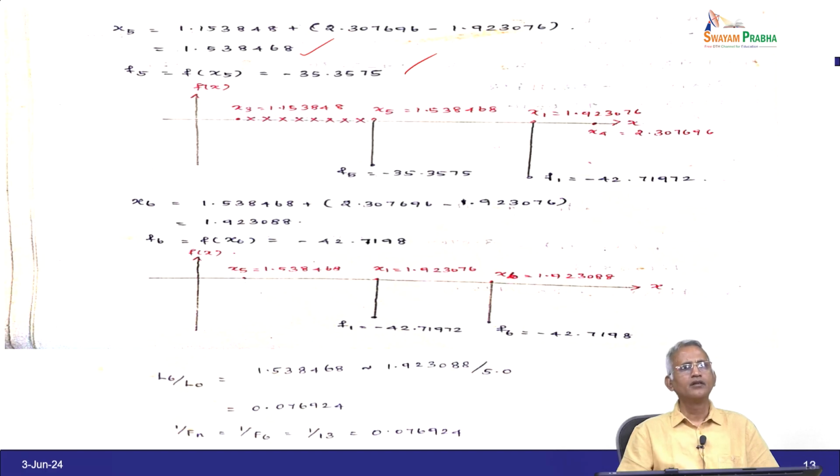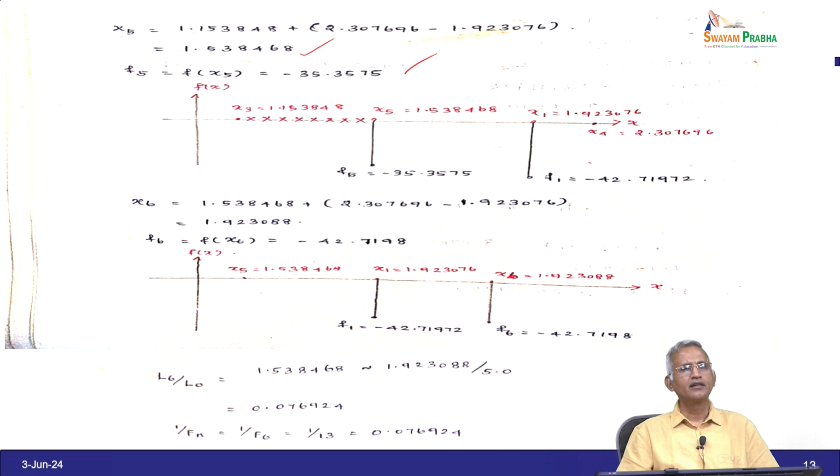Now, x5 corresponding to f5 is minus 35.35 and x1 is 1.92 corresponding to f1 equal to minus 42.71 and these two are nearer. So, f5 is greater than f1.